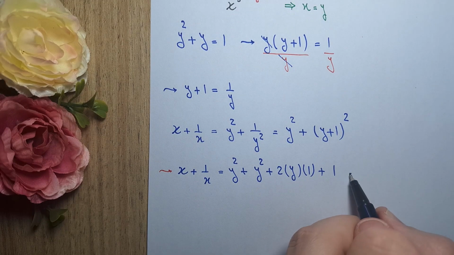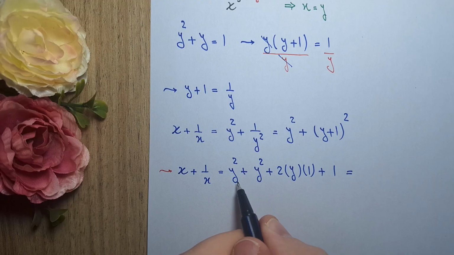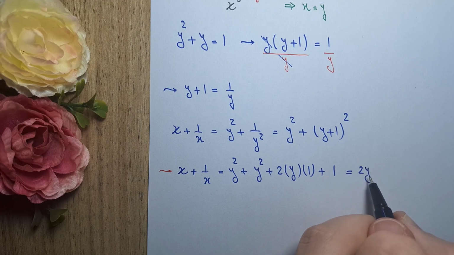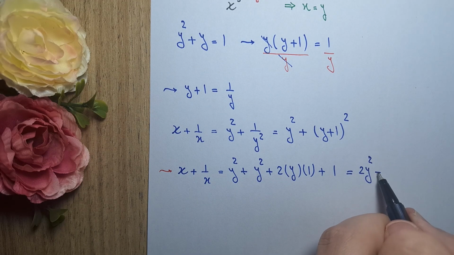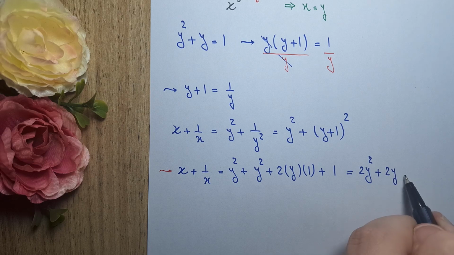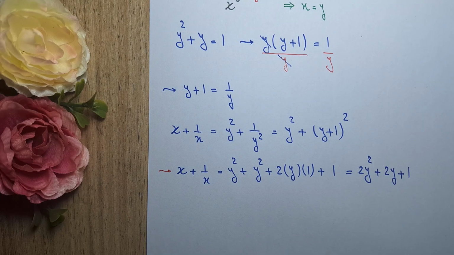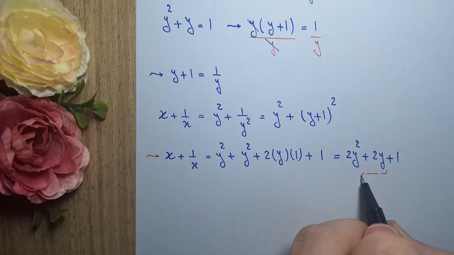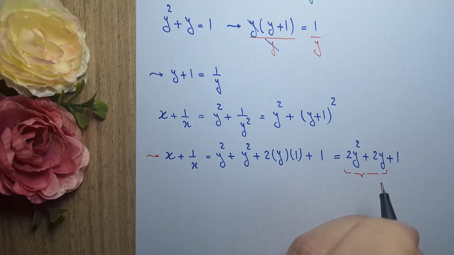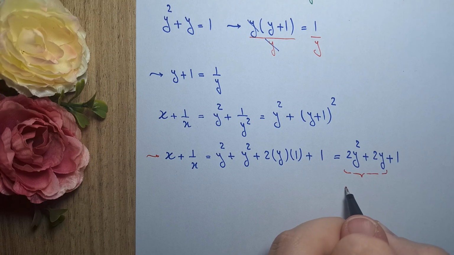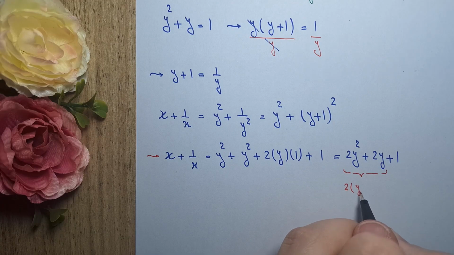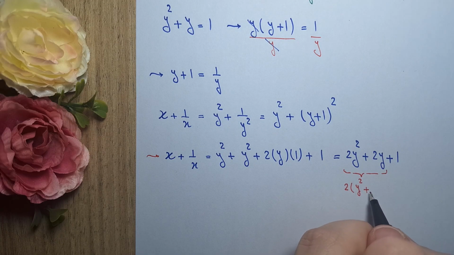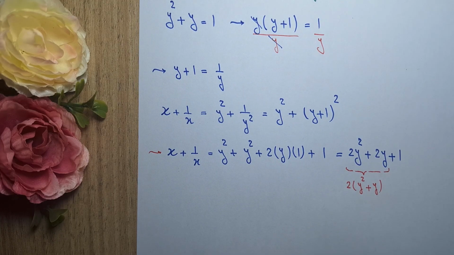And this is equal to 2y squared plus 2y plus 1. In these two terms, we can factor out 2. So we can write 2 times (y squared plus y).